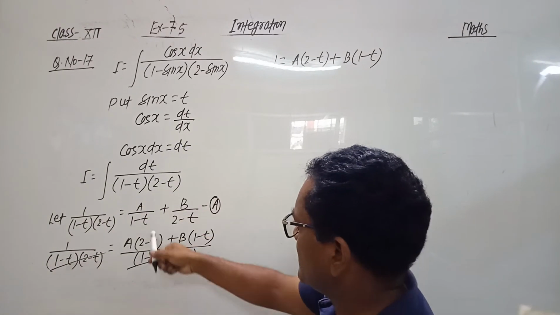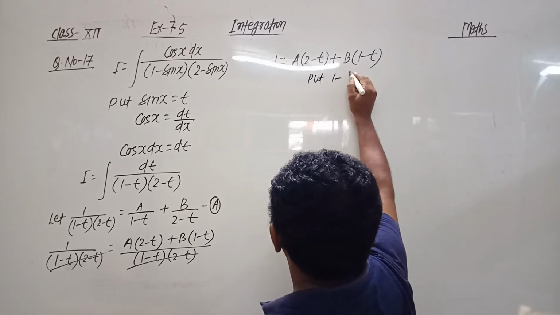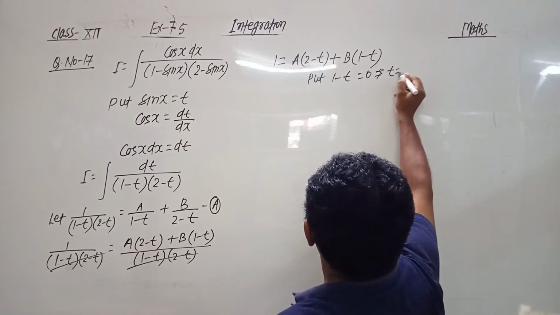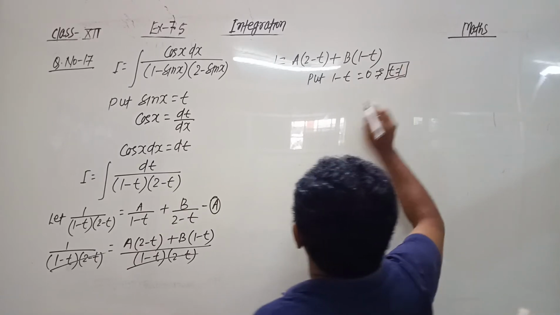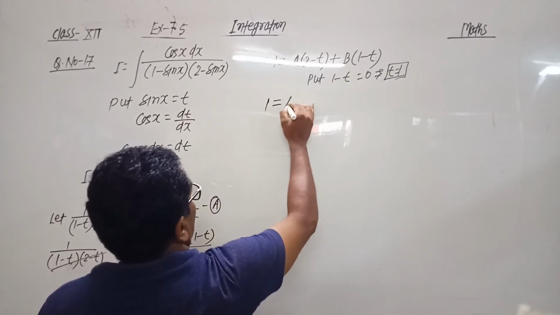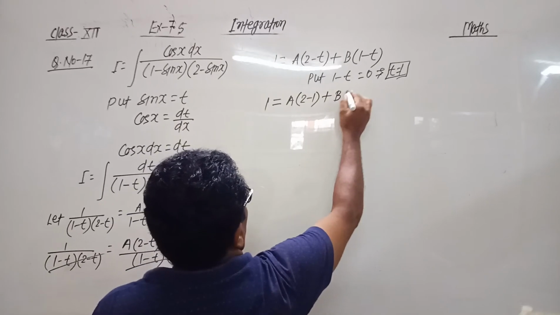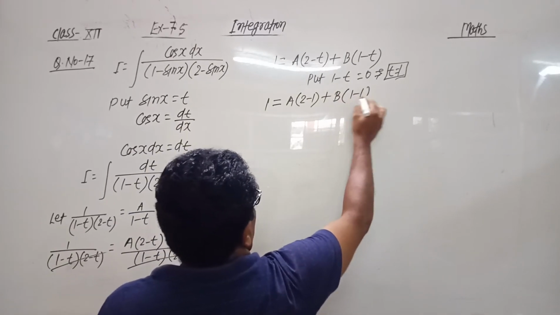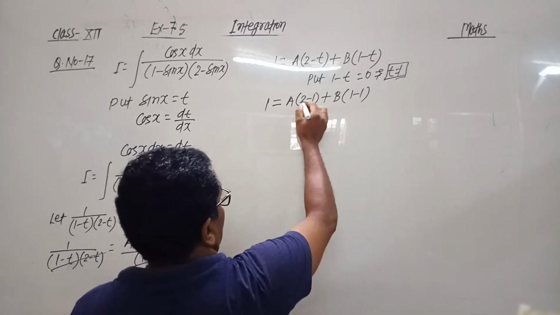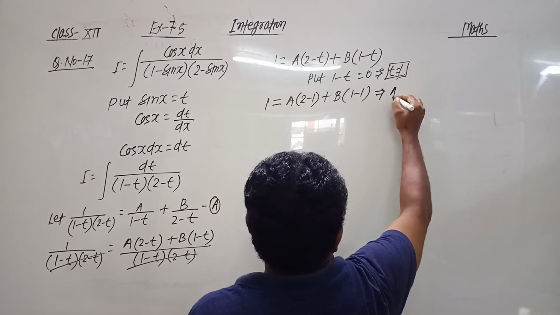Now put 1 minus t equals 0, then we get the value of t equals 1. Put the value of t equals 1. So 1 equals a into 2 minus 1 plus b into 1 minus 1. 1 minus 1 becomes 0 and 2 minus 1 is 1. So we get the value of a equals 1.